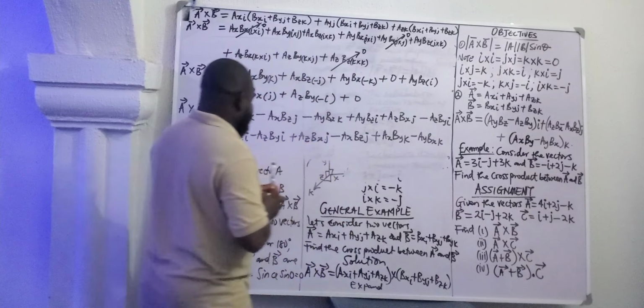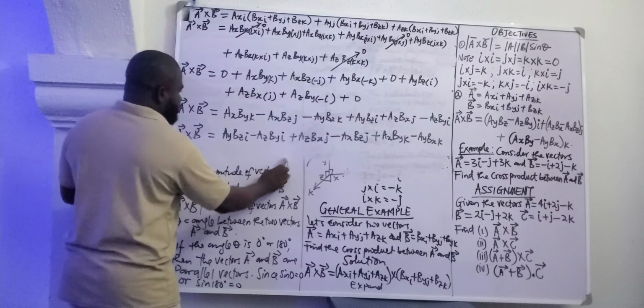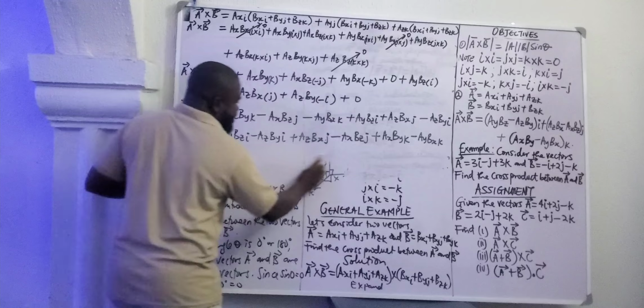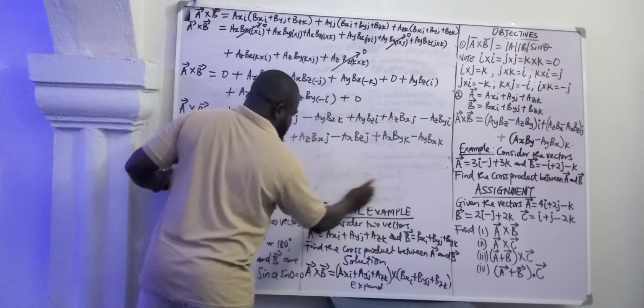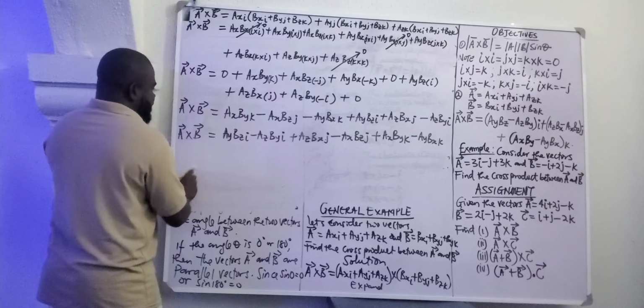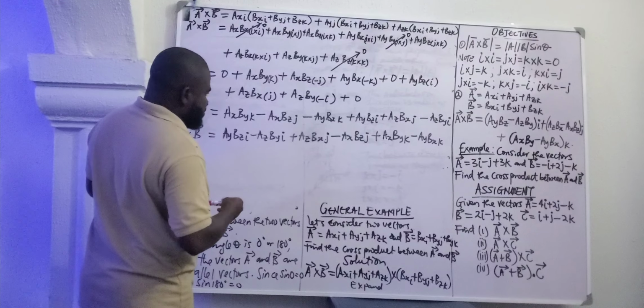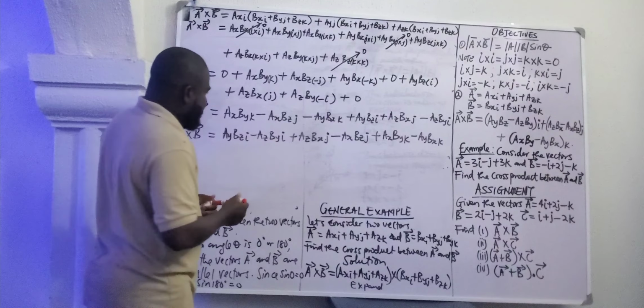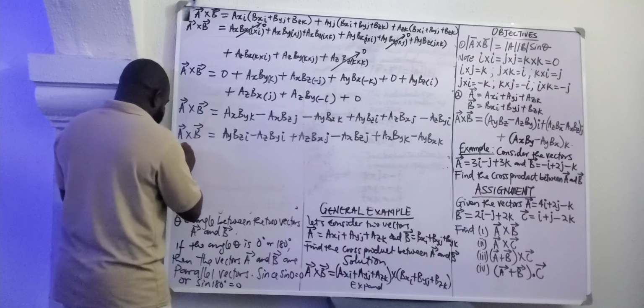So what I've done simply now is to rearrange, bringing the like terms close together. So now I can factorize the unit vectors out.